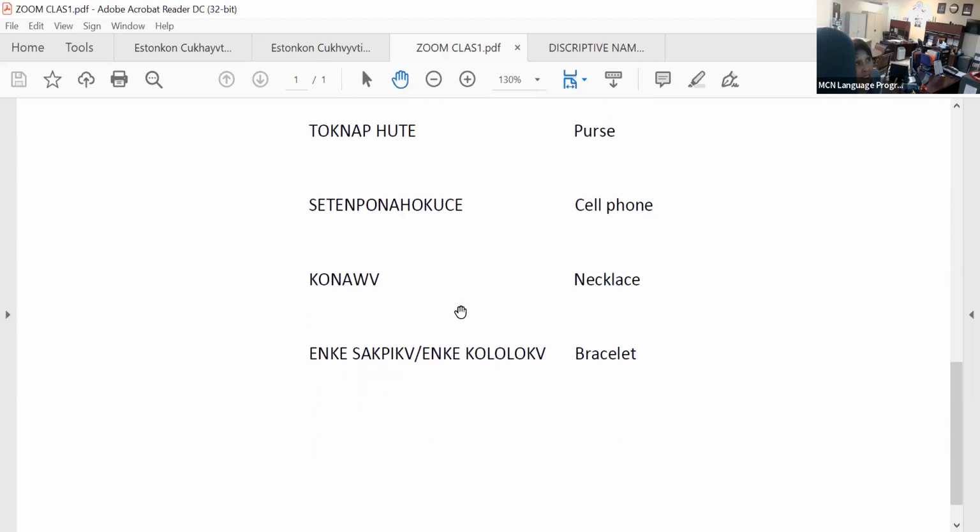Bracelet. Ingi sakpega. The dictionary says ingi sakpega means like you put your hand into that ring. But the way my family said it, it's called ingi golologa. Golologa means it circles the wrist.